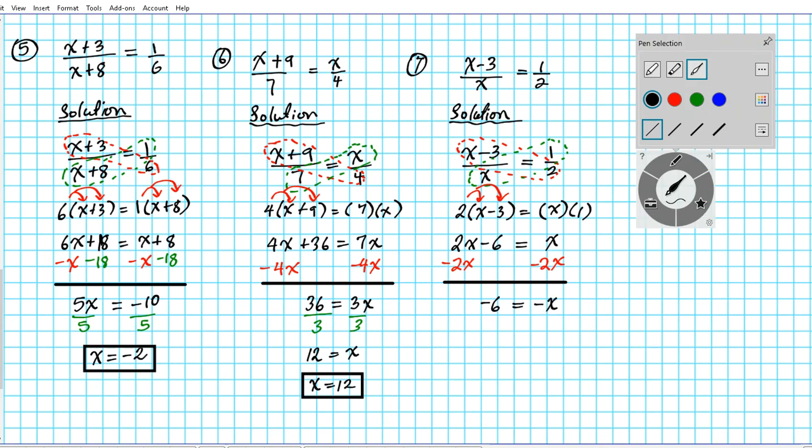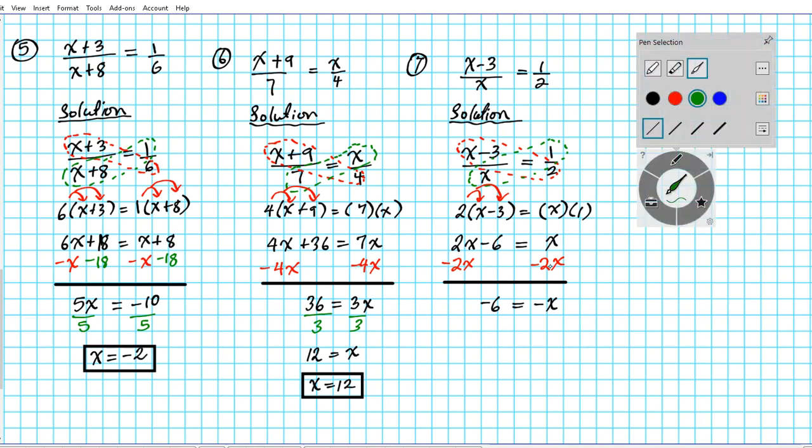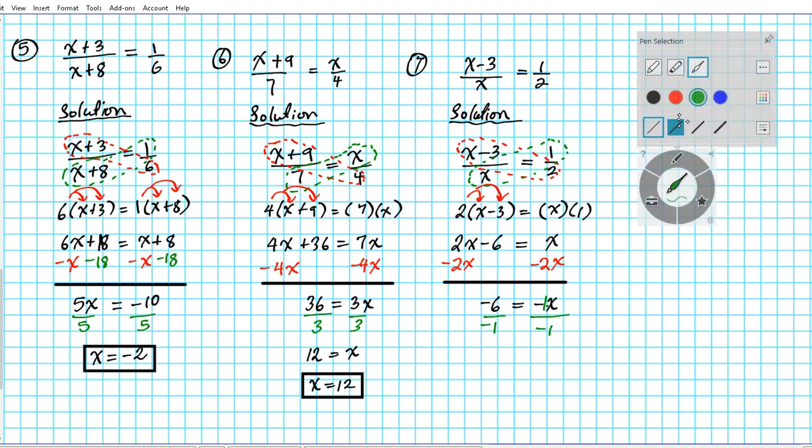Okay? Now to get x isolated, we're going to divide both sides by the coefficient of x. And remember, the invisible coefficient is 1, right? So there's a negative 1 here. So we'll divide both sides by negative 1 in order to get x isolated.